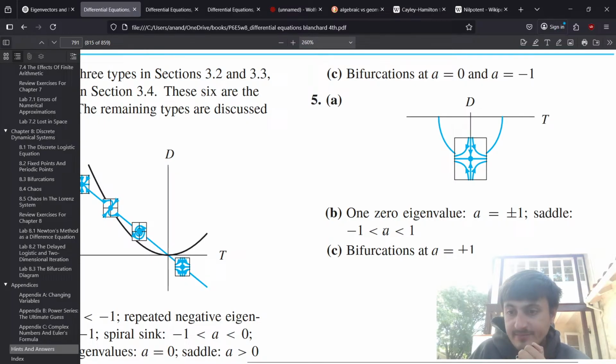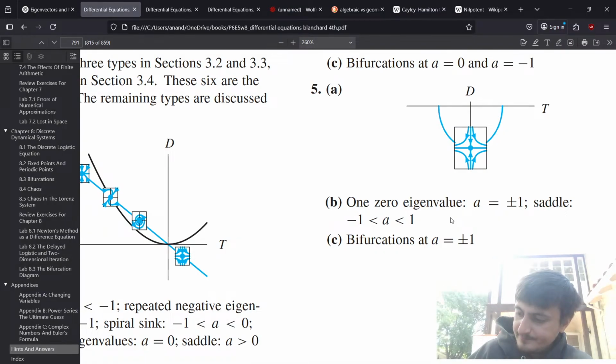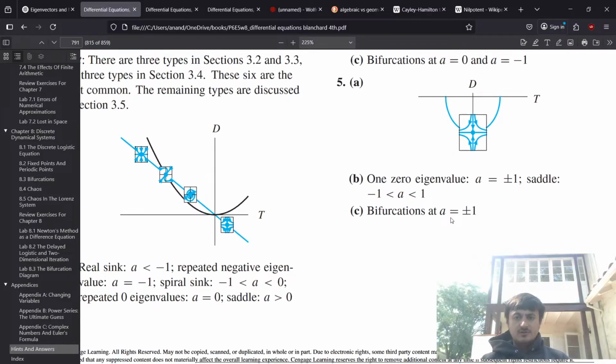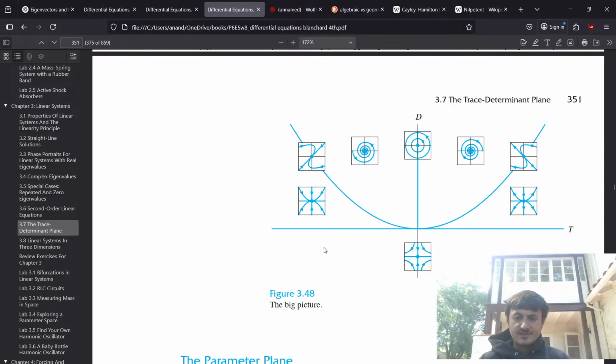And then we have a saddle in between. Okay, great. Yeah, and then the bifurcations are at. All right. Good stuff, man. All right, so let's go to problem 7.